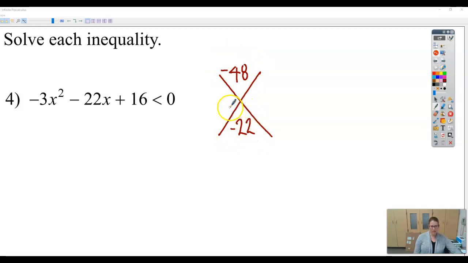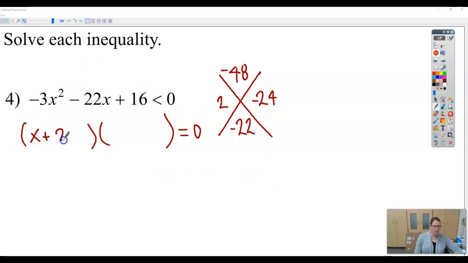So let's see, we got 2 times 24. So let's do that. 2 times 24, negative 24 and positive 2. That will work for us. So let's factor. Remember, we want to find those values when this equals 0, and then we'll use our inequality when we test our intervals. So we've got x plus 2, and we've got x minus 24.